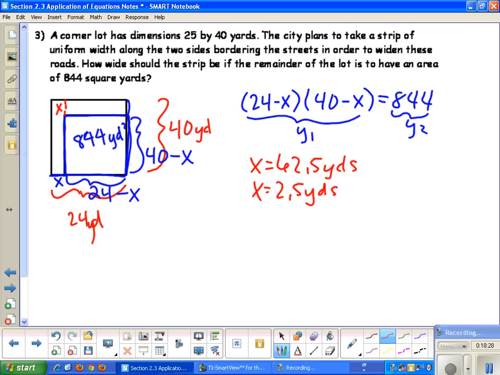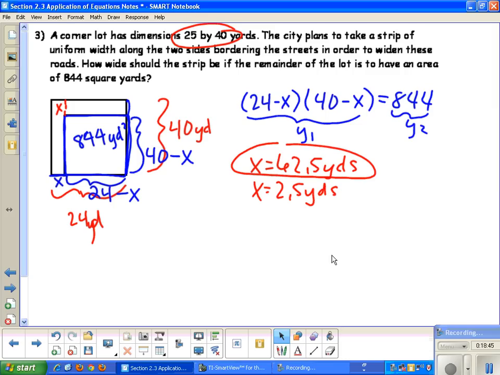Now, if we look at this, if you think about 62.5, well, notice that if our original corner dimensions for the lot were 25 by 40, can I take away 62.5 yards? No. So I know that this is actually not a solution. I know that x has to be really equal to 2.5 yards.